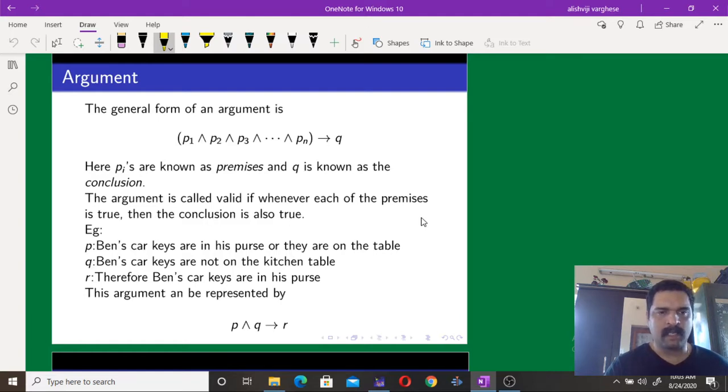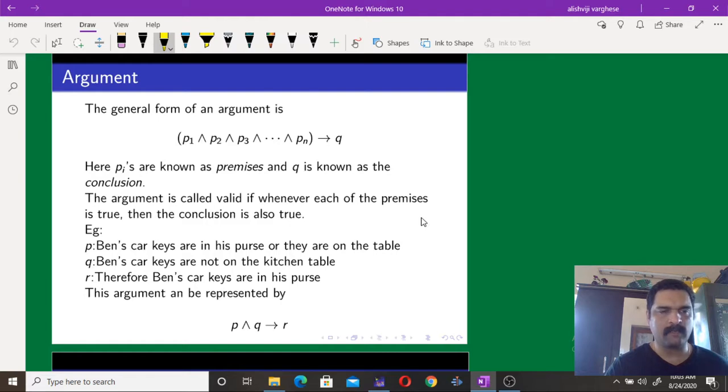Ben has a car key and it is either in his purse or on the kitchen table. Then, given the statement Q, the car key is not on the kitchen table, then obviously it is in his purse.